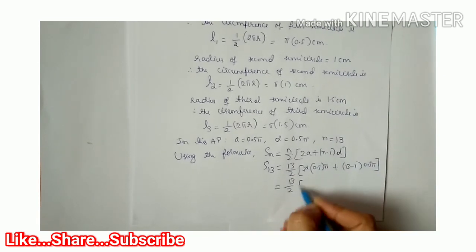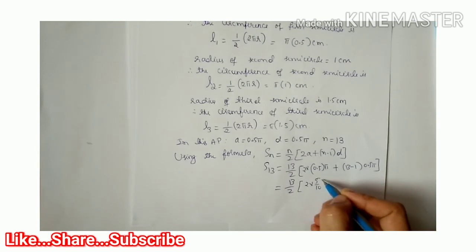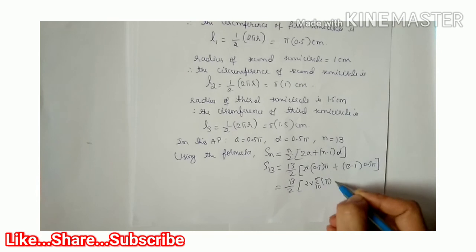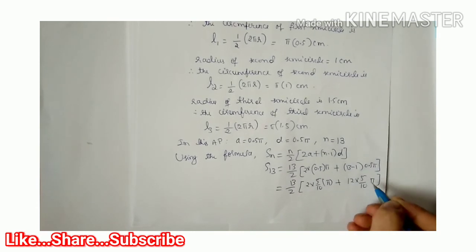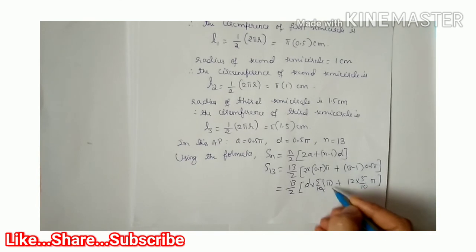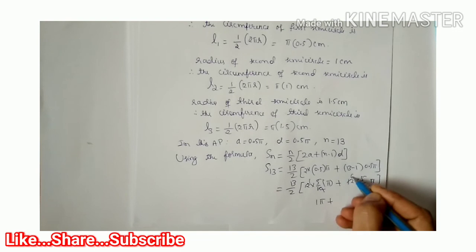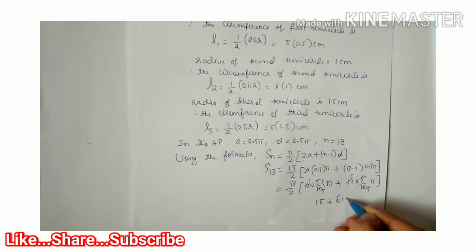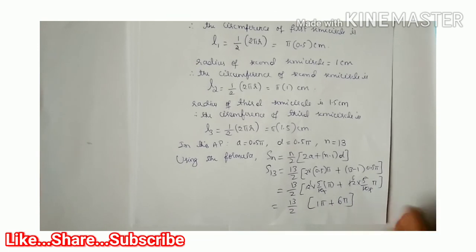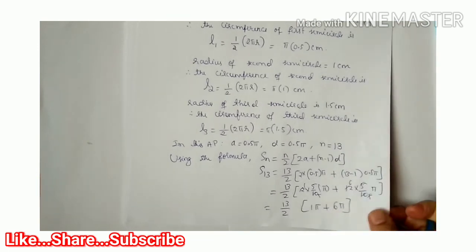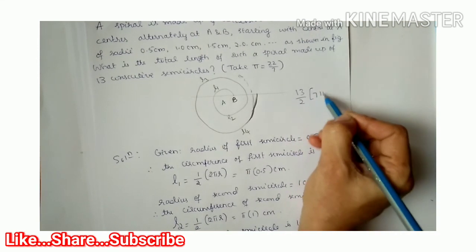13 by 2, 2 into 0.5, 5 by 10 into pi, plus 12 into 5 by 10 pi. Here 1 pi plus 6 pi. 13 by 2 into 7 pi.